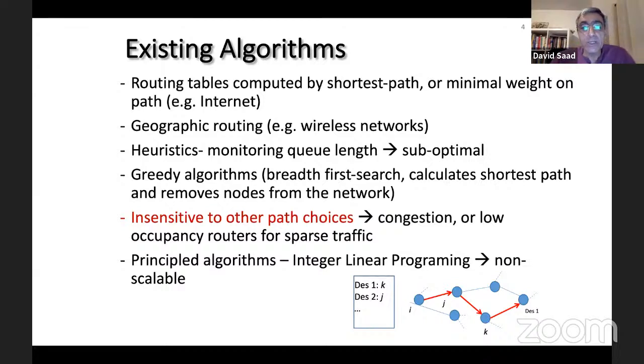So it leads to congestion or to low occupancy route. If you have very sparse traffic, you are using the huge infrastructure for no need. There is also a principled algorithm that is being used, which is integer linear programming, but it's non-scalable. So, I mean, people look at 30 nodes, maybe 40 node networks, but that's about it.